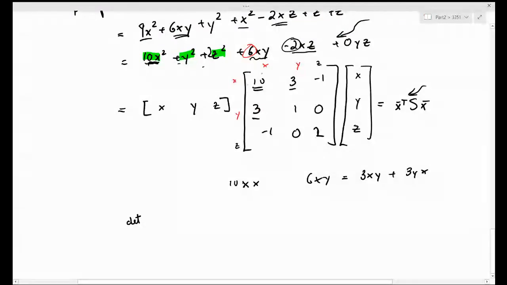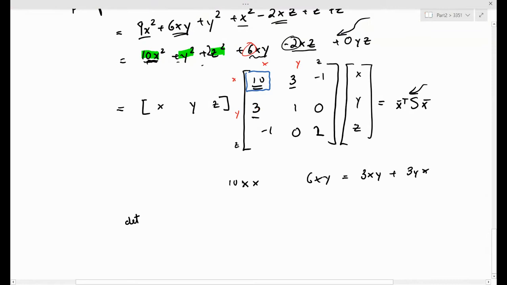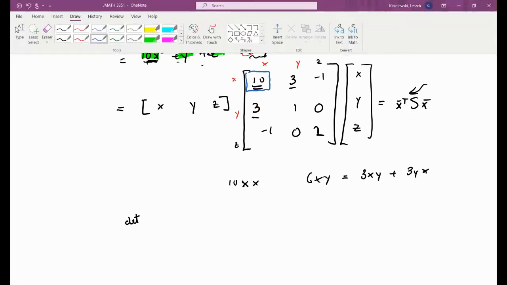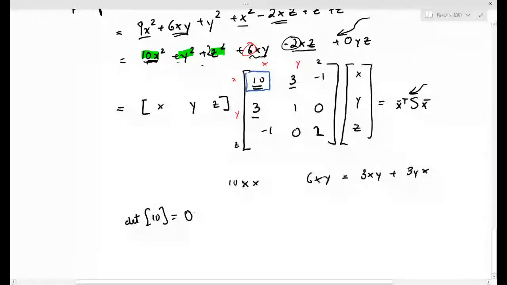the top left 1 by 1 matrix is obviously 10. So that's positive.